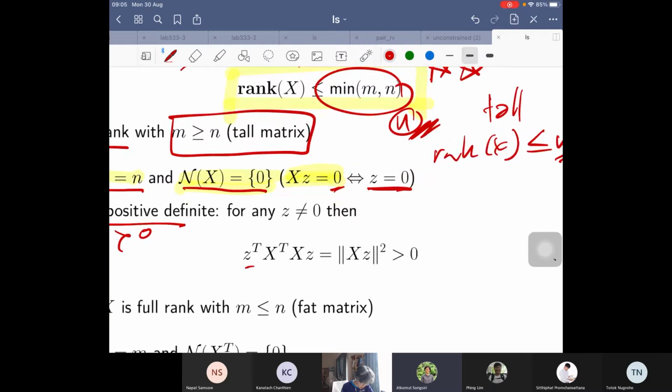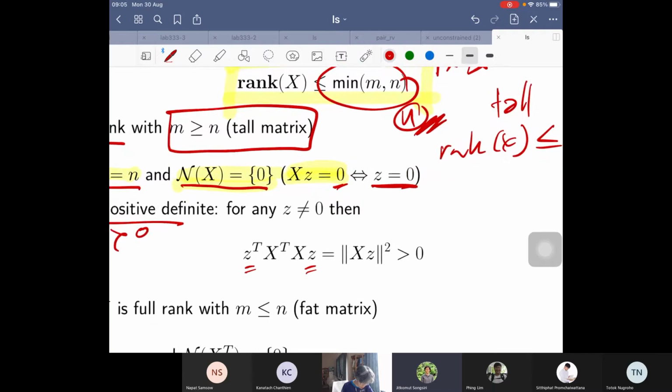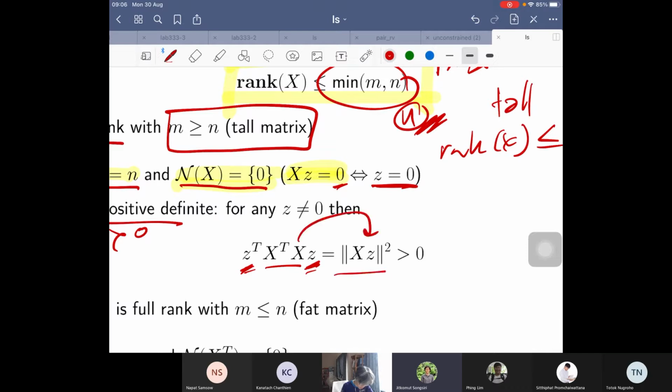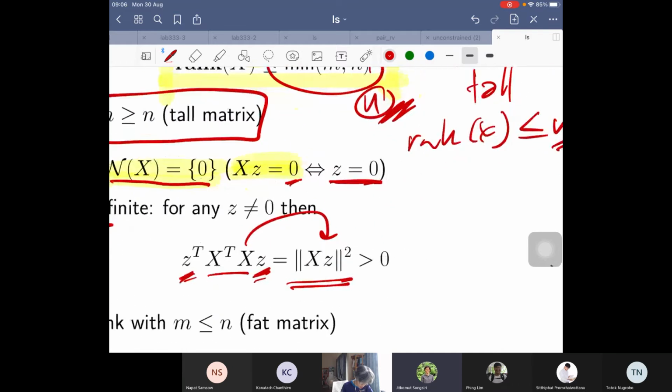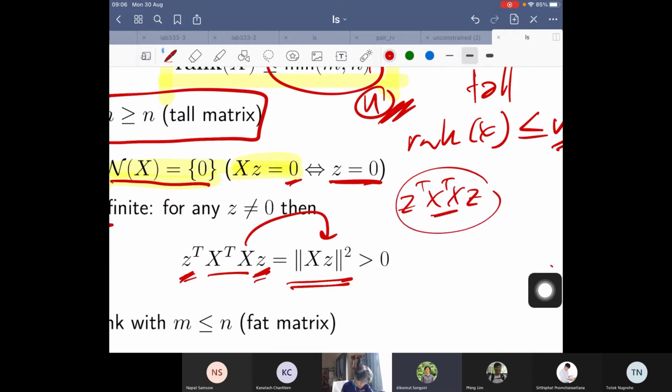By the definition of a positive definite matrix, you come up with a quadratic form in Z using X transpose X. But then you know that this can be written as the norm squared of X times Z. If you want to examine whether X transpose X is positive definite or not, you want to explore whether this is positive or not, right?